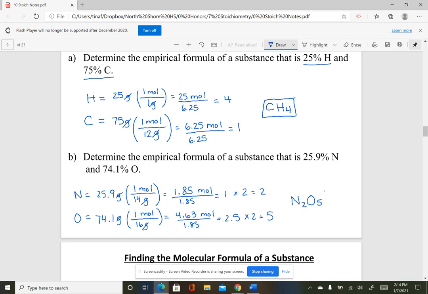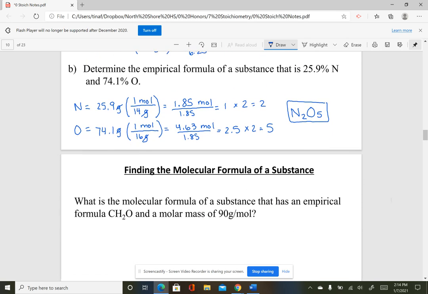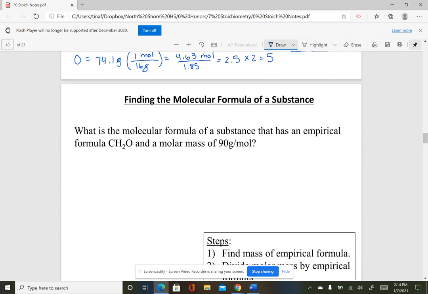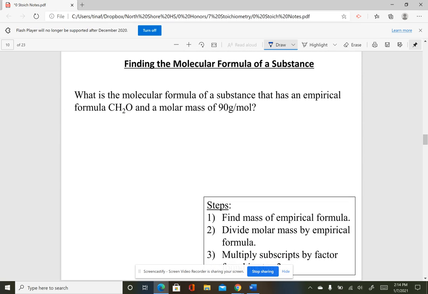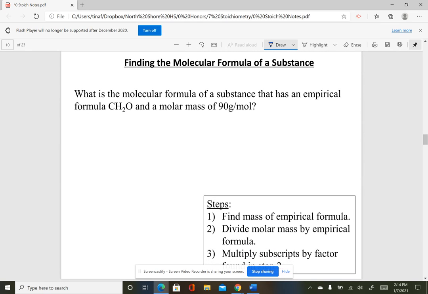All right. And then, guys, our last formula for today is finding the molecular formula of a substance. Now they're giving you the simplified version, and they want to know what the real molecule actually has in it. Just given the empirical formula, there's an infinite number of possibilities.